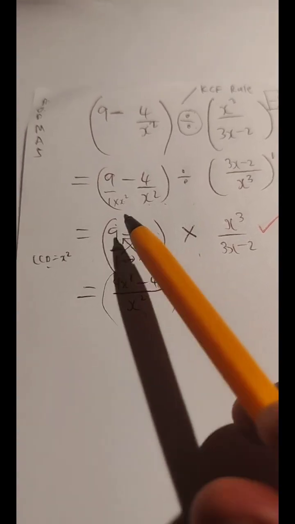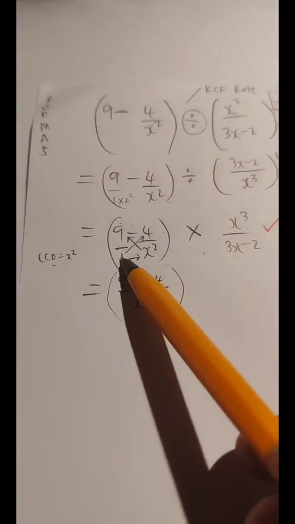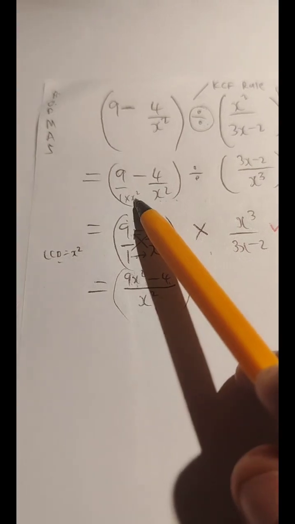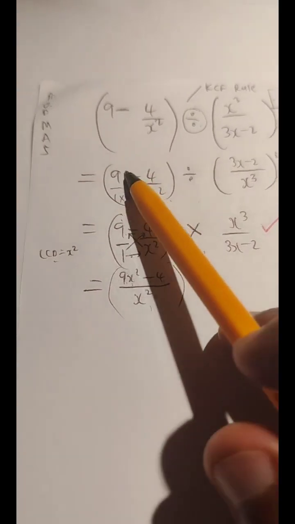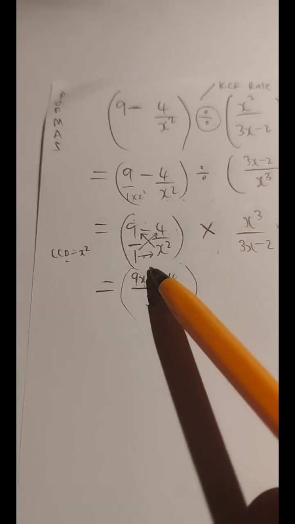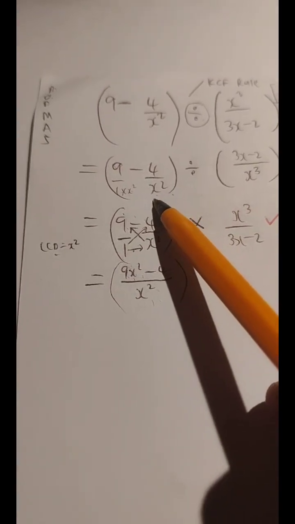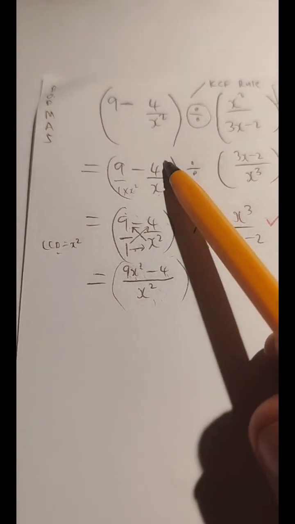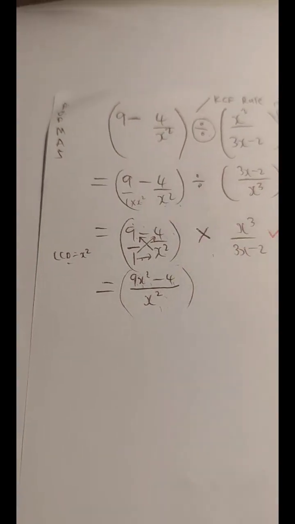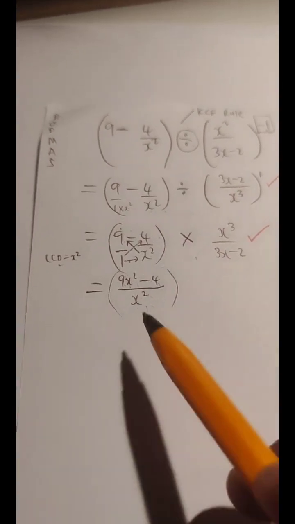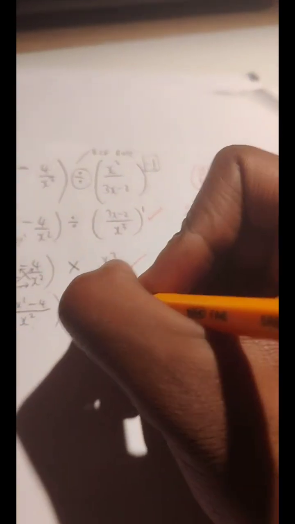So to form x squared here, you multiply by x squared at the bottom. Then what you do at the bottom, you do at the top, which is why 9 has been multiplied by x squared. Here we already have x squared, so we just multiply by 1 at the top as well. So we have 9x squared minus 4 over x squared times x cubed over 3x minus 2.